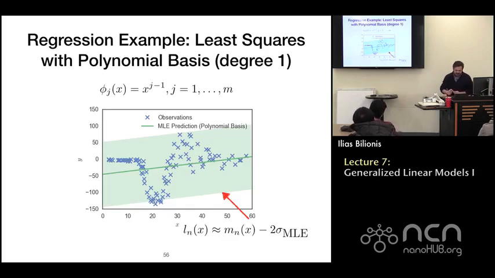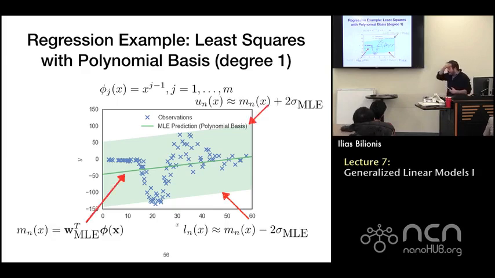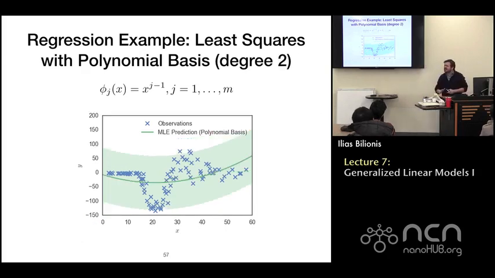And if you plot it, right, so for the linear prediction, the mean we're getting is this. Lower bound, right there, 2 standard deviations below. The mean is the green line, and 2 standard deviations above is the upper quantile. And let's just see what we start getting with higher polynomials.